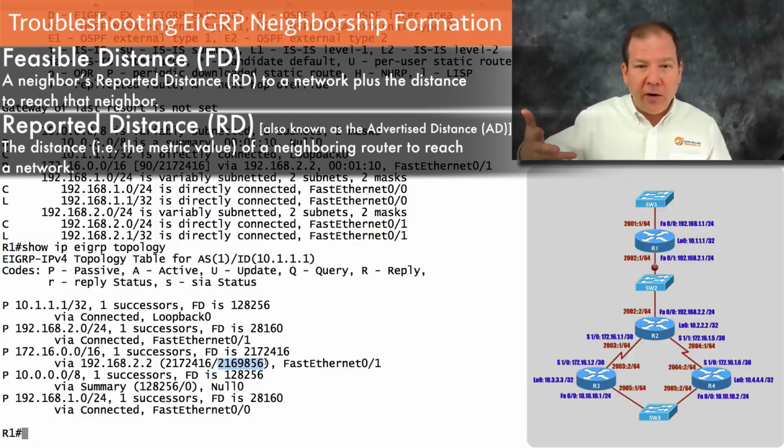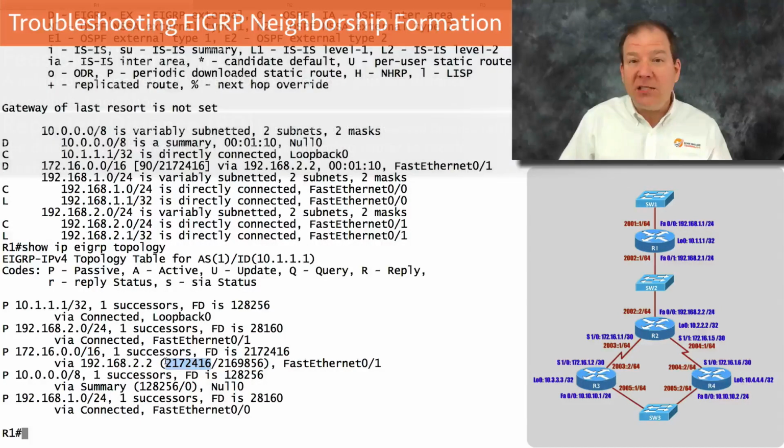This is the metric that our neighbor is reporting to us. If our neighbor is R2, R2 is saying, here's the distance for me to get to this network. Well, it's going to cost us something to get from us to that neighbor. Once we add up the cost of us getting to the neighbor, we add that onto this advertised or reported distance. That's what gives us this feasible distance.